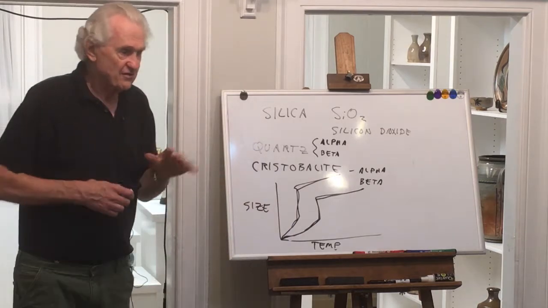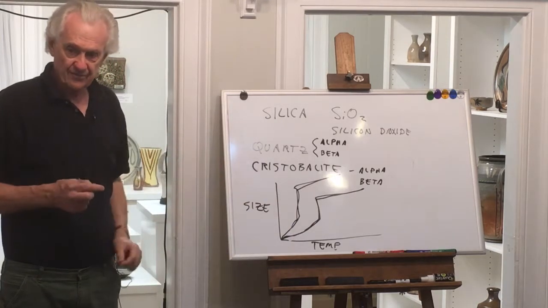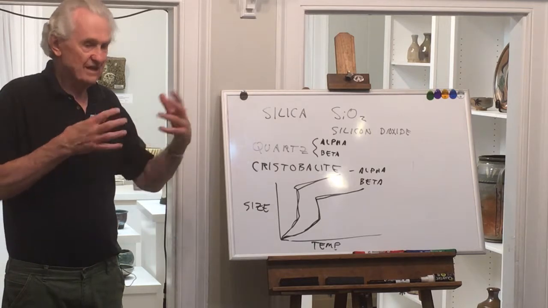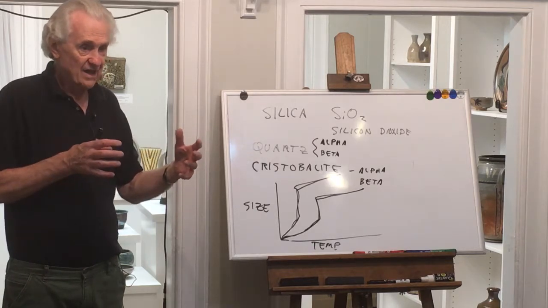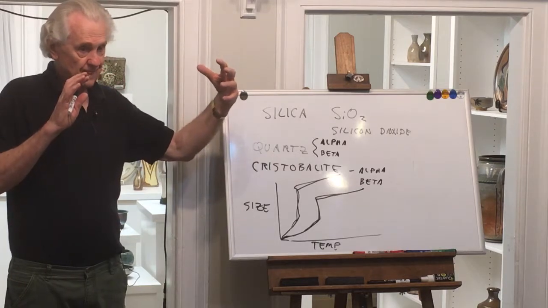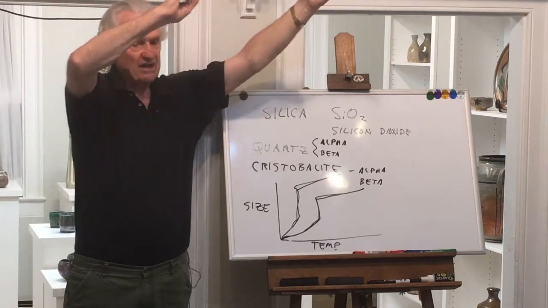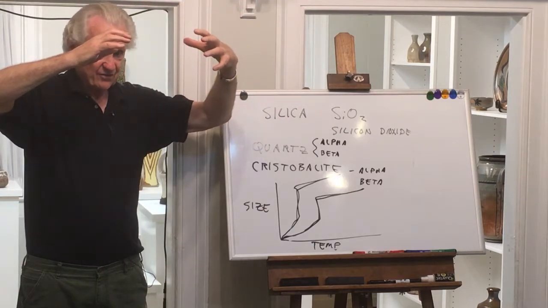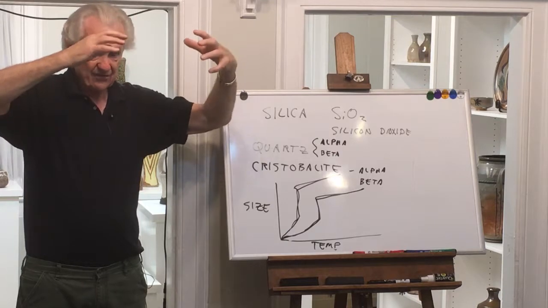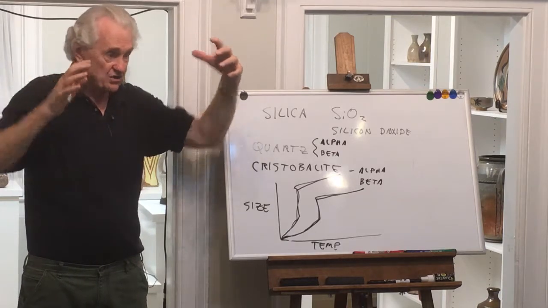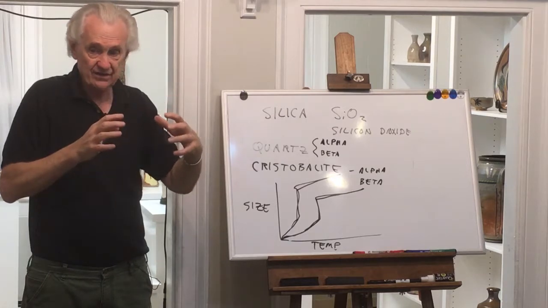So what this means is if I've got a clay body that has quartz in it, as I'm heating up that clay body, when I get to a certain temperature, roughly 1,000 degrees, really roughly, all of a sudden all those little quartz particles are going to want to expand. And then I keep heating it up, and then as I'm cooling the clay body back down, the firing is done. When I get to the same temperature, about 1,000, all those little quartz particles, if they're still there, are going to want to shrink all of a sudden.